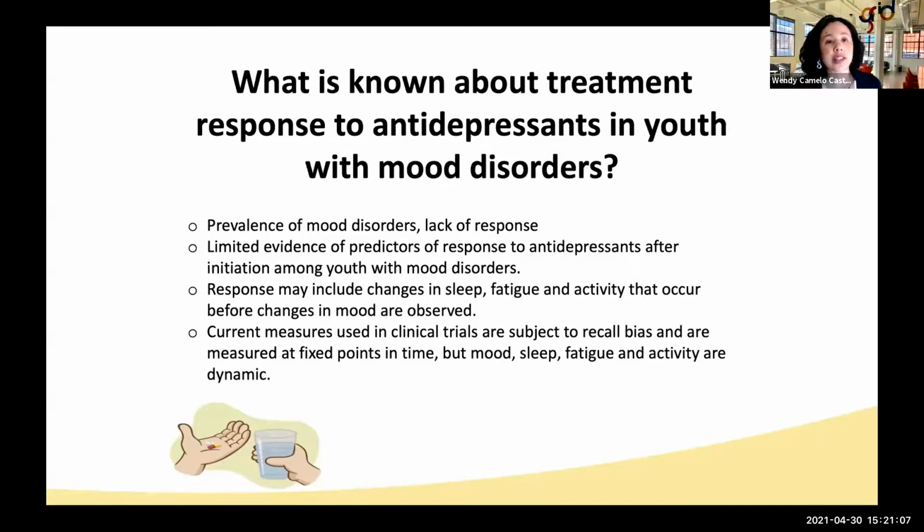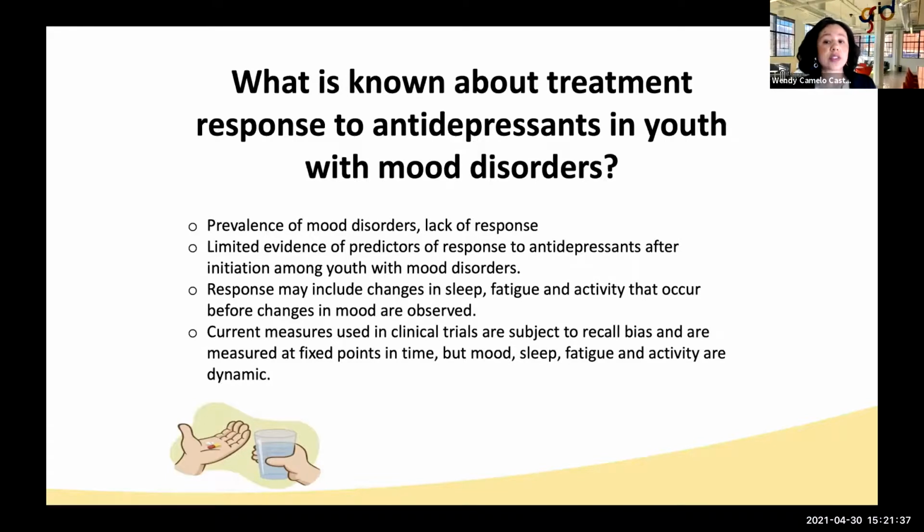I also have to add here that typically parents or the caregivers will be present at the visit, and therefore they can also provide their own perspective on how the child's behavior and how the child's mood has changed or improved with treatment. So as you can see, the decision becomes very complicated because we don't have objective measures on symptoms that we know may vary quite a bit over time and that may be very dynamic.